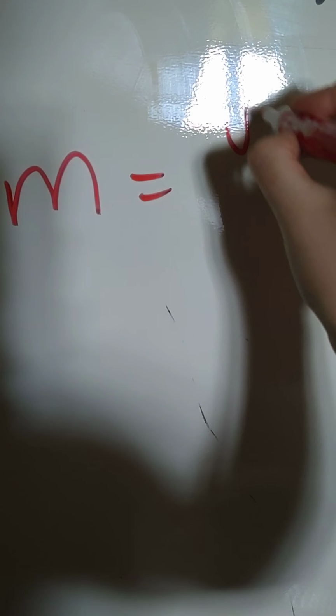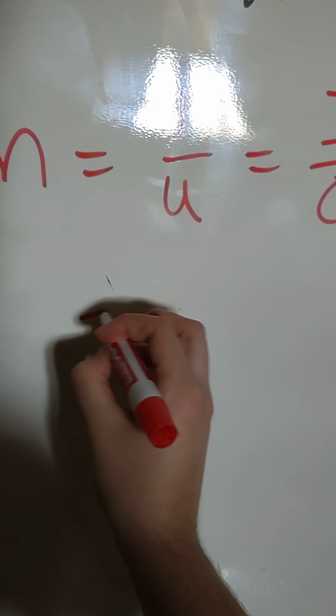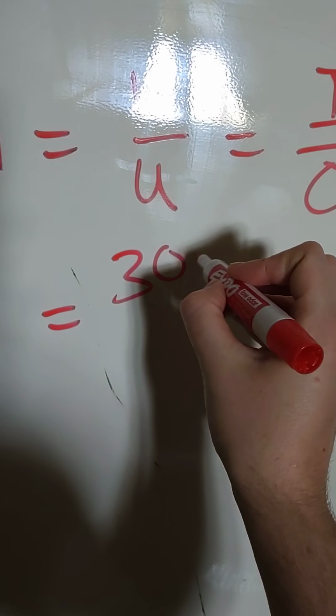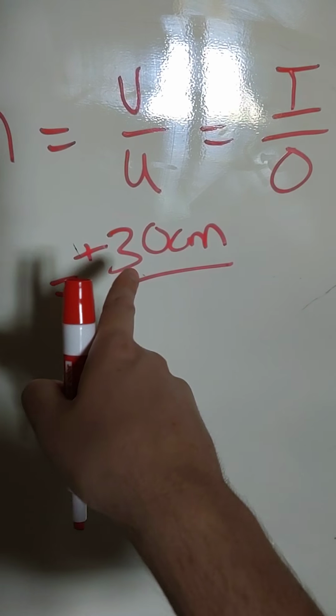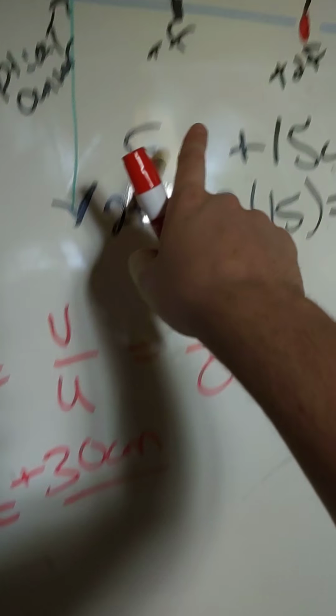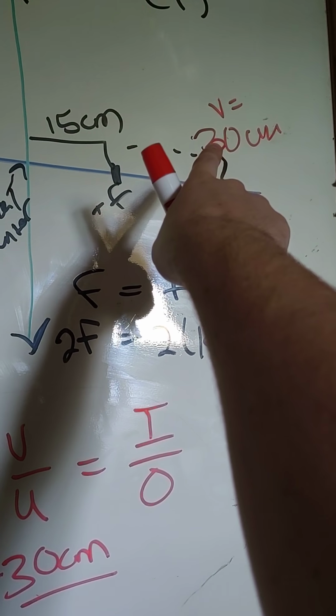Magnification equals V over U, which equals image size over object size. We know that the image distance is a positive 30 centimeters. So this is where that thing that I was talking about in the previous video comes in. The image distance is on this side, positive 30 centimeters.